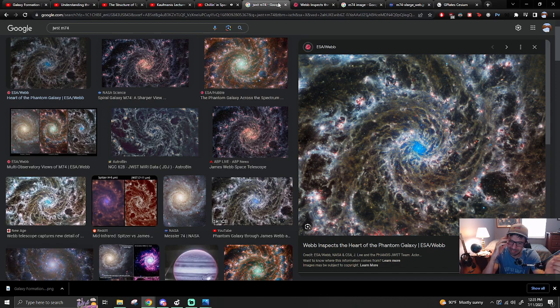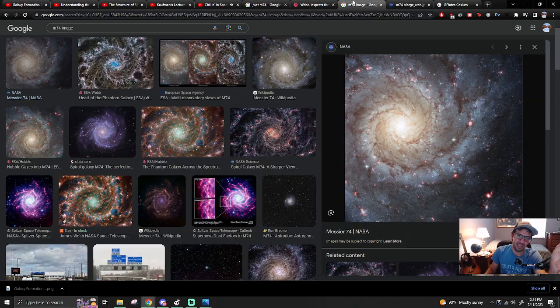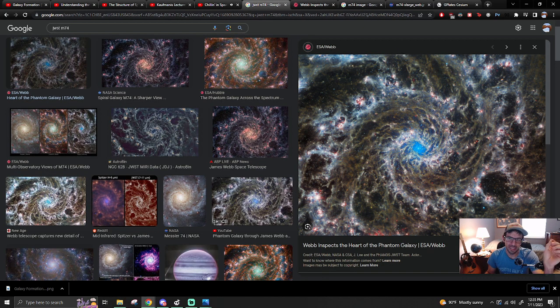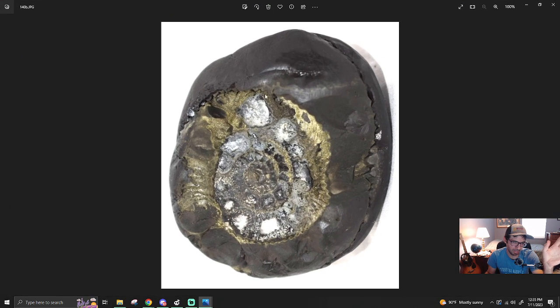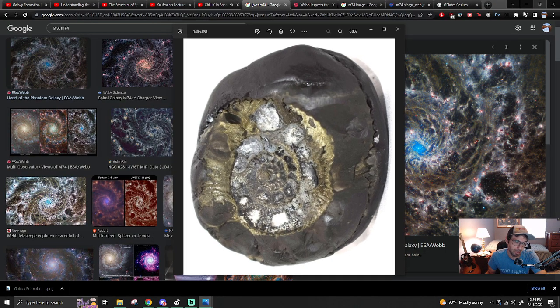That'd be cool if I did a stack of the images, like this image, and then this image, and then this image, and was able to stack them well enough that this kind of looked like it was literally one with the galaxy. Like, that would be so cool.